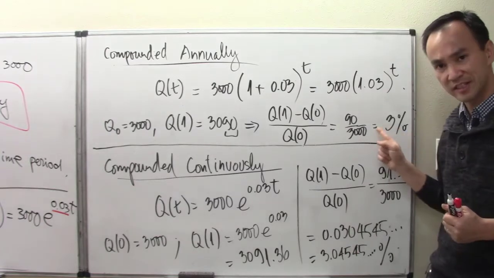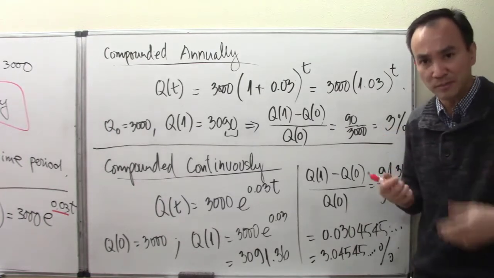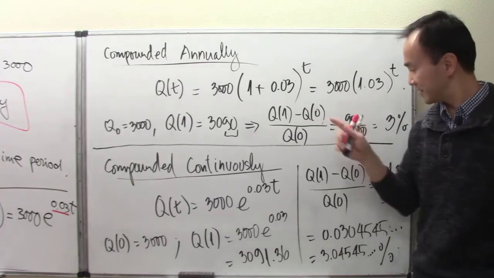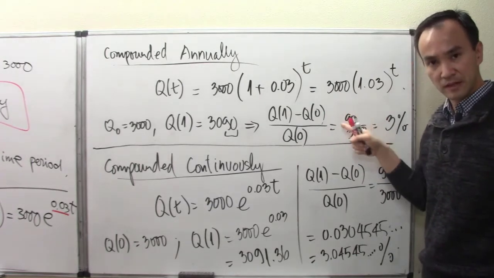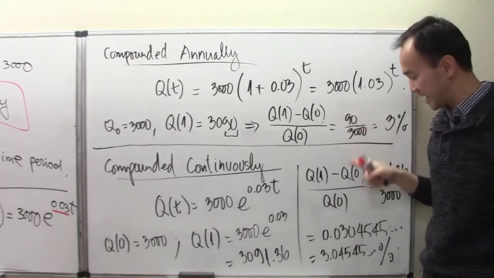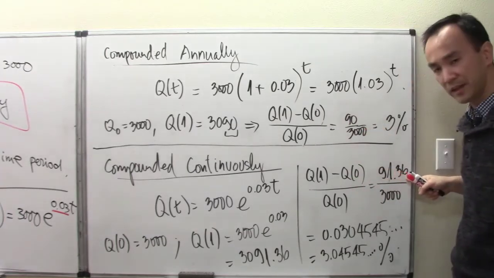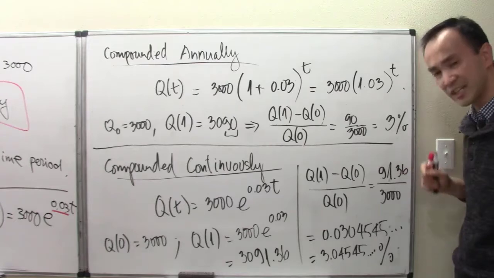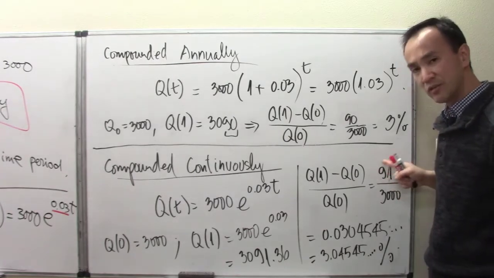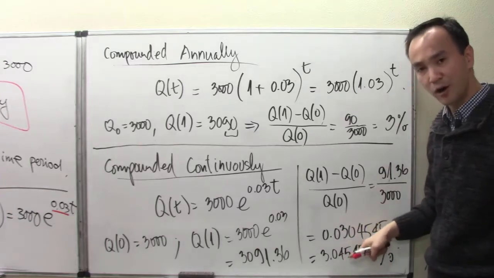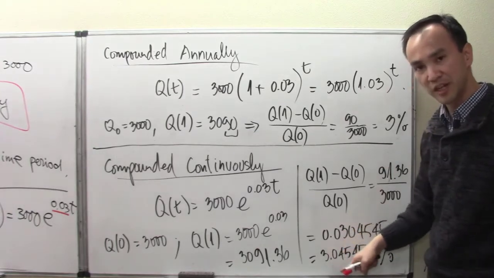Still higher than just exactly 3%. It earns more money. With this plan it only yielded for us $90, whereas here it yielded for us $91.36. So it's even a little extra like that. That's why this number here is called the percentage yield.